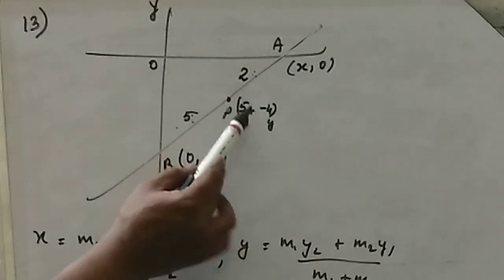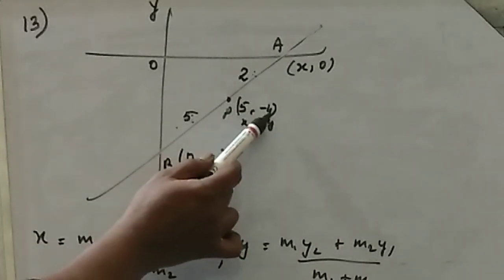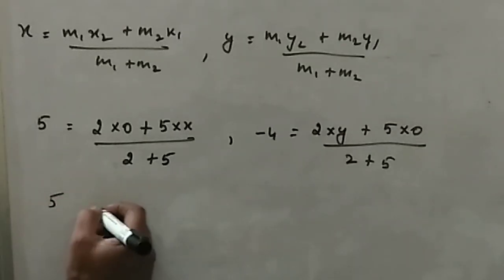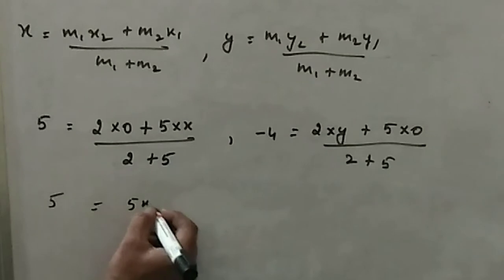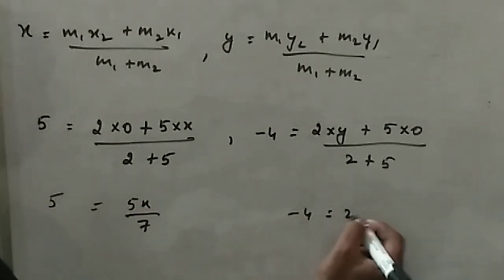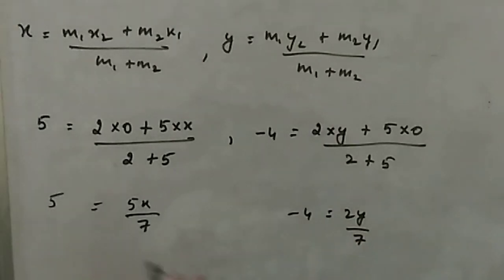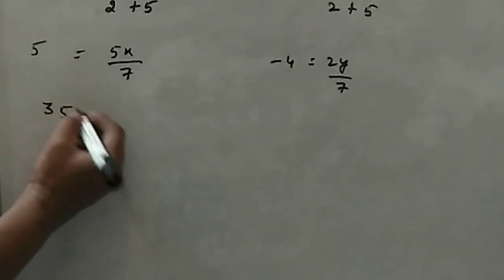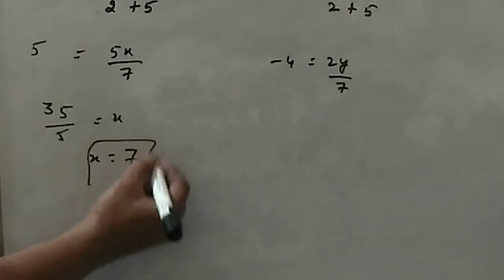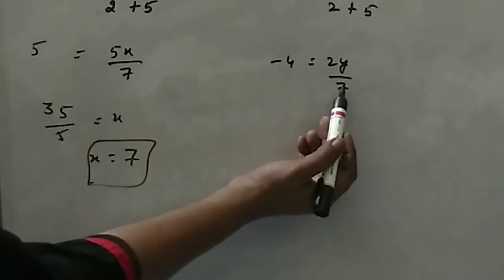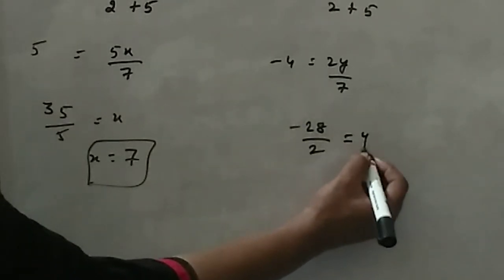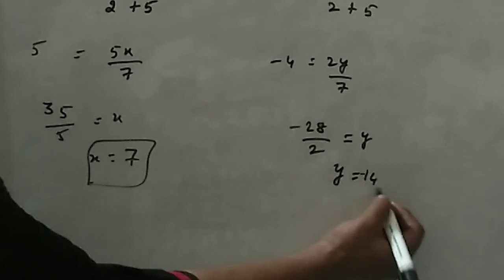That is equal to P, (5, -4). Now see, 5 is equal to 5x upon 7 and -4 is equal to 2y upon 7. Cross multiply: 35 upon 5 gives x is equal to 7, and here -28 upon 2 gives y.